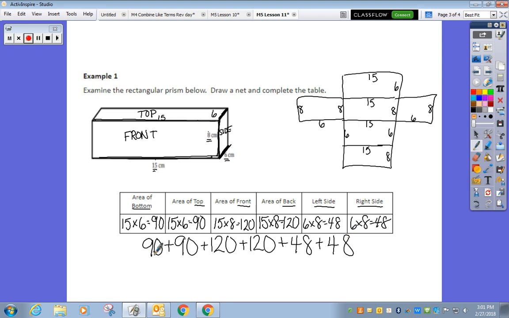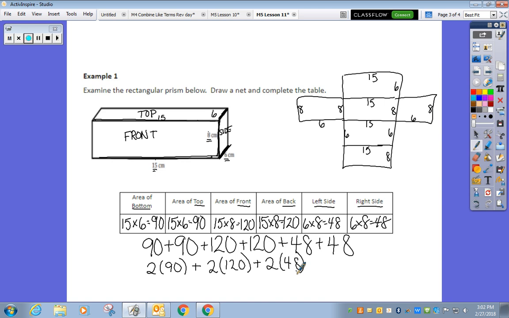So I could do 90 plus 90, but I could also do 2 times 90. I can do 120 plus 120. I could also do 2 times 120. I could do 48 plus 48, but I could also do 2 times 48. And this is where our formula is going to start to come into play, which we'll come up with at the end of this lesson.